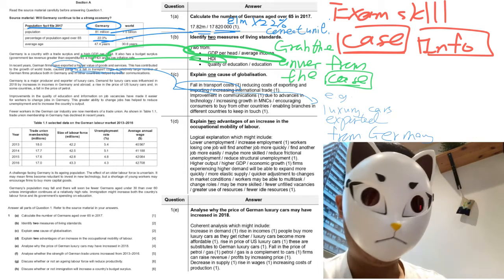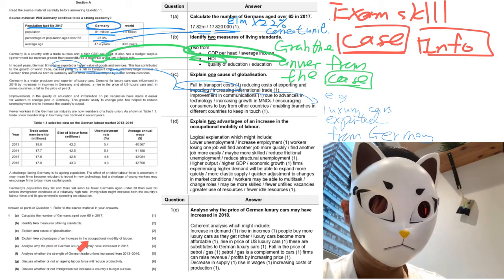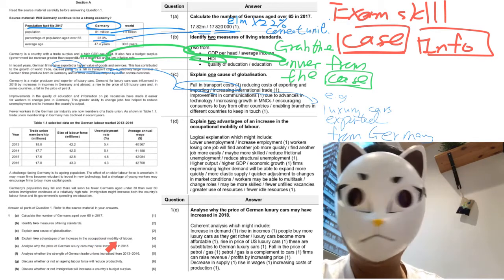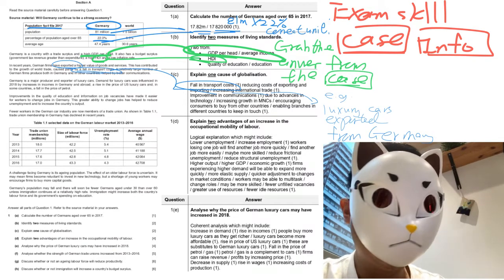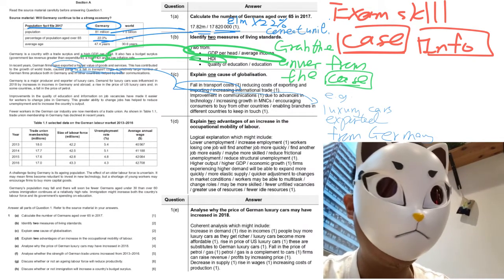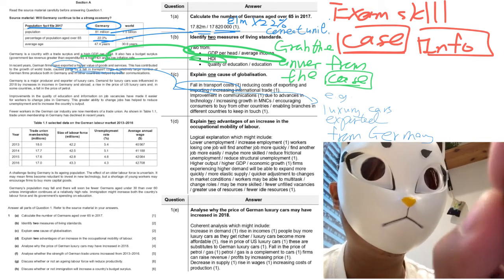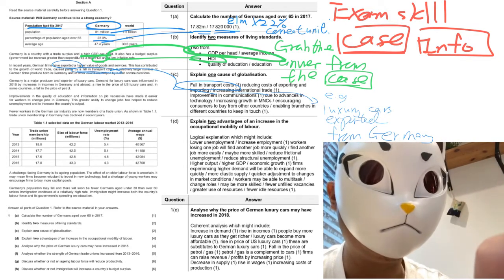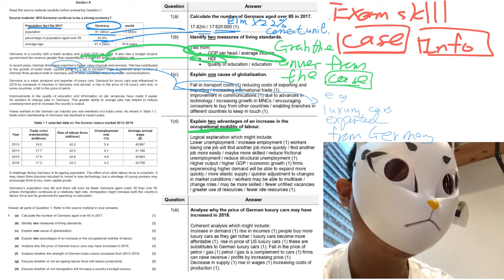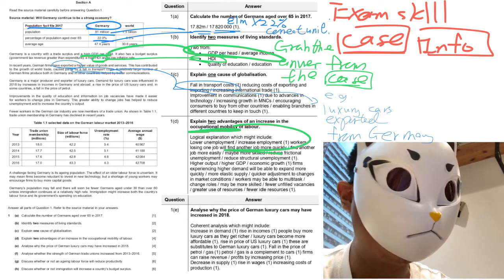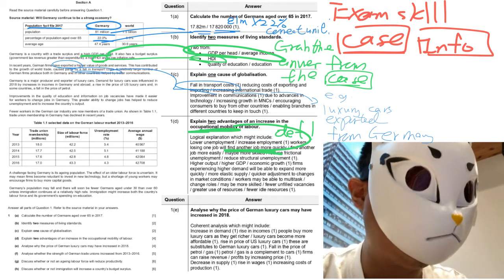Part D, to explain the advantages of an increase in the occupational mobility of labor. First of all, we have to give the definition. That means they can easily switch jobs. They can find other jobs easily. So first of all, we define it.